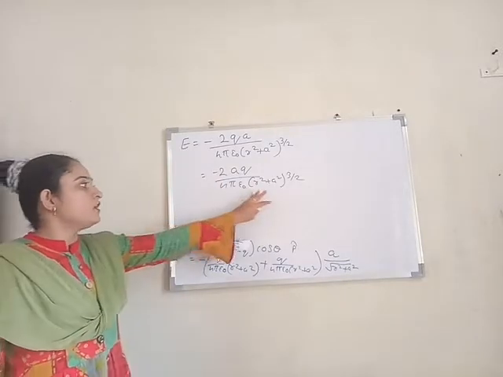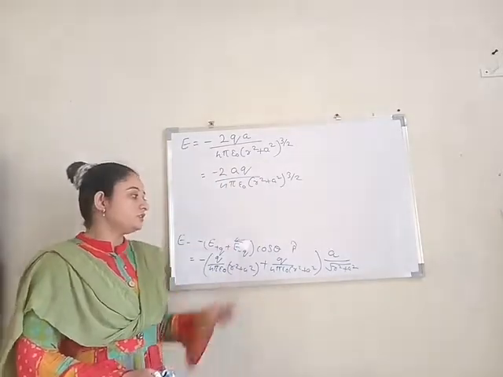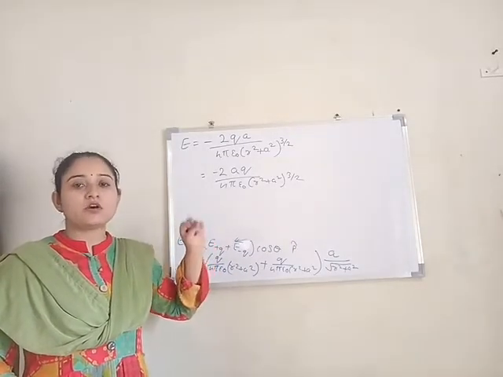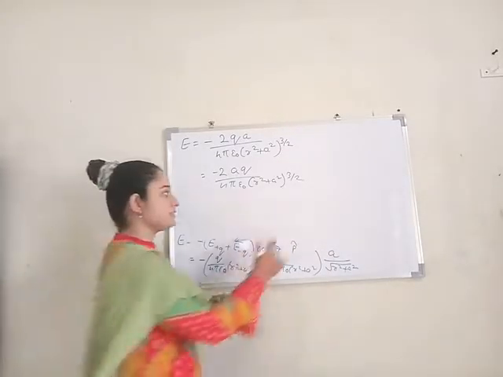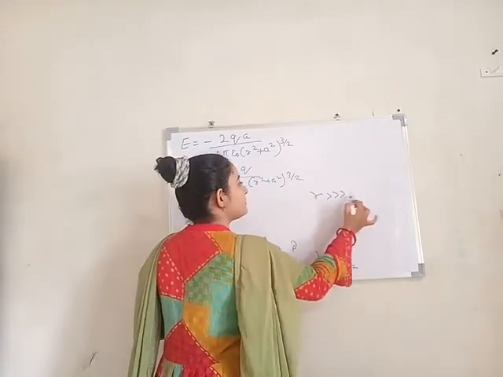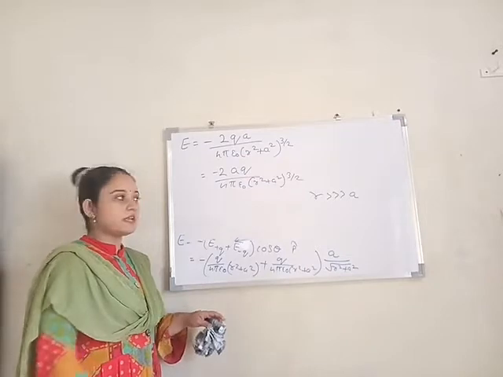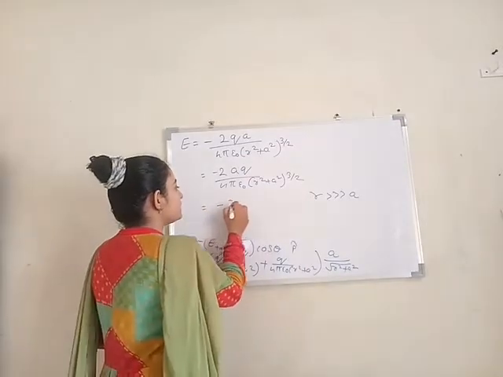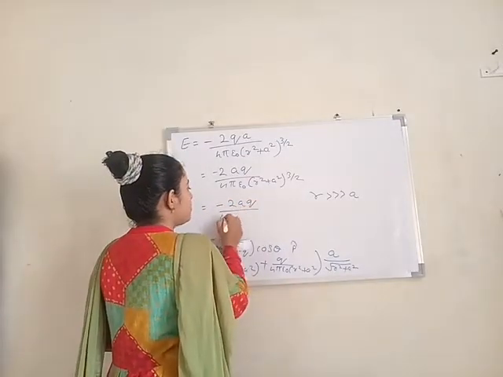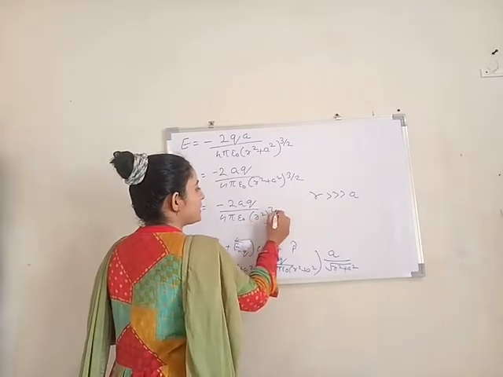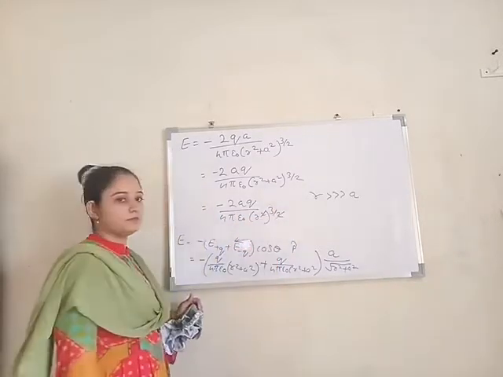Now we know that if this point P is at infinite distance or at a very large distance, that is, r is very much greater than a, then we ignore this a and we get minus 2aq upon 4 pi epsilon 0 r square raised to the power 3 by 2. 2 cancels out.